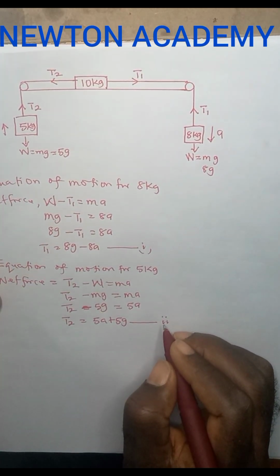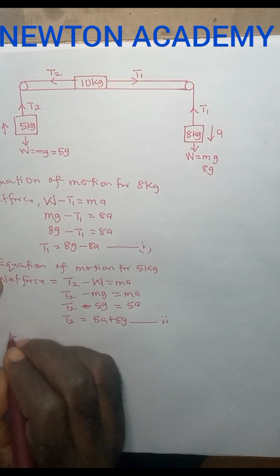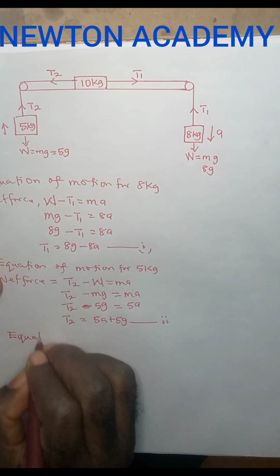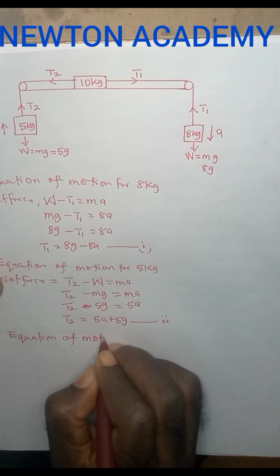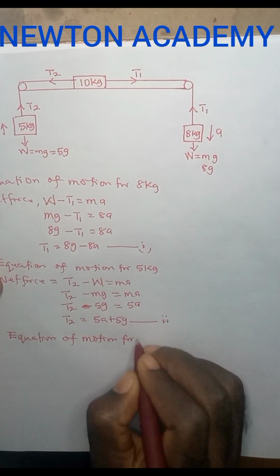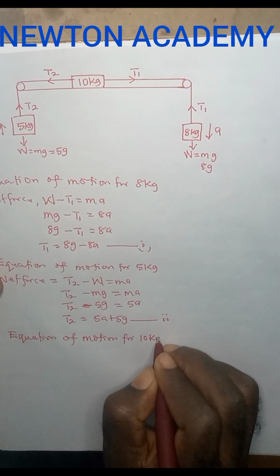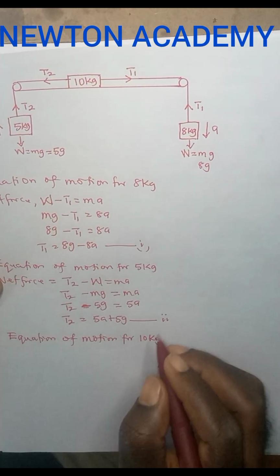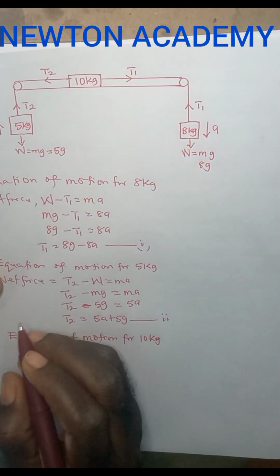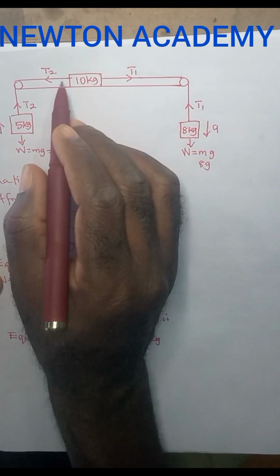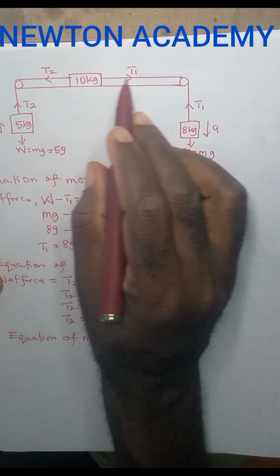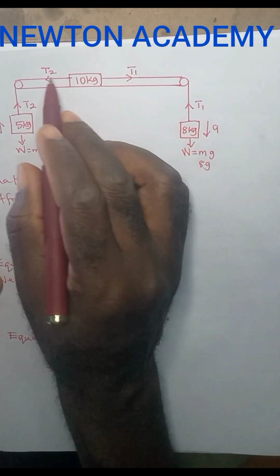Then we now write the equation of motion for 10 kg. Now you see the 10 kg is resting on a flat surface. The tension T1 is pulling it this way and T2 is pulling it this way. Since it is moving in this direction, that means T1 is higher than T2.